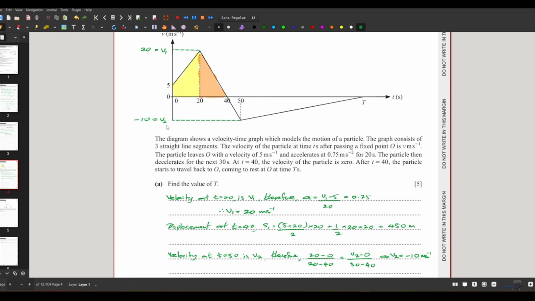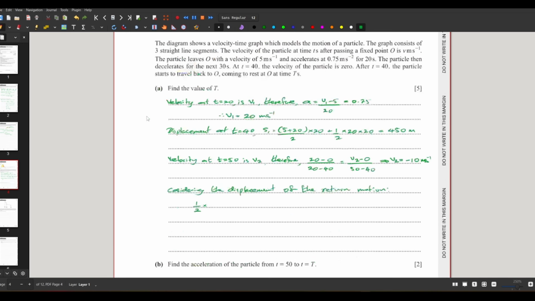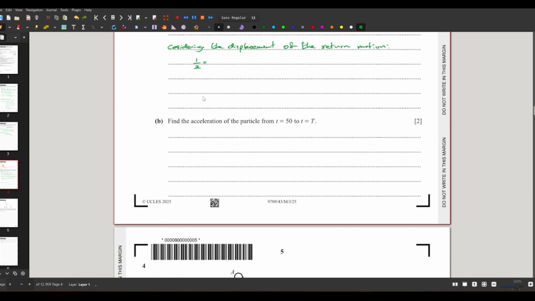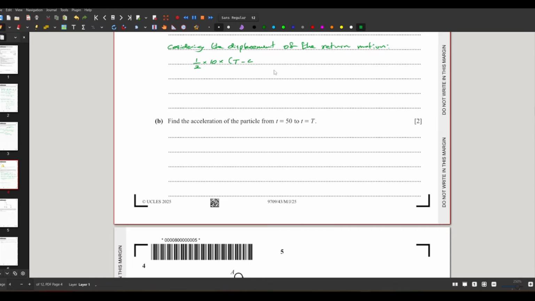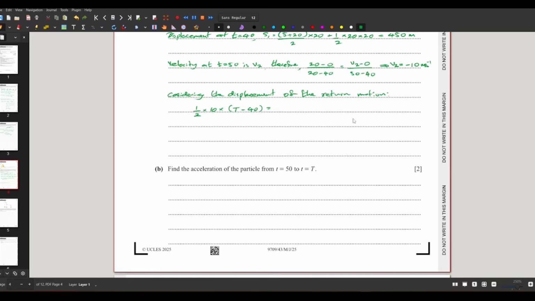The height is now 10, so no need to consider negative because we are going to calculate the area. 10, and then the time is capital T minus 40, the base. It should equal 450.